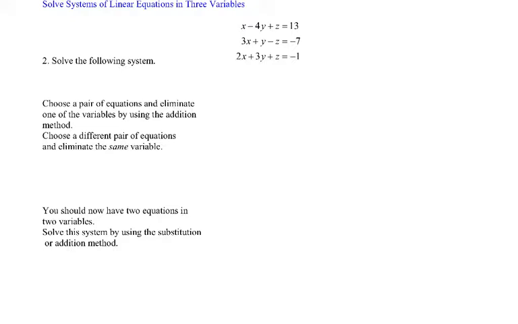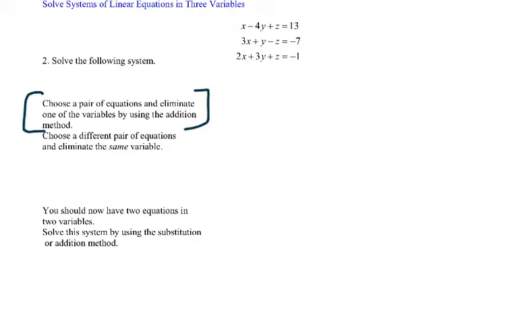Here's what we end up doing. We want to choose a pair of the three, so two of the three equations, and eliminate one of the variables using the addition method. That means you need to look at all three equations and find out which variable would be the easiest to eliminate based on two of those equations.